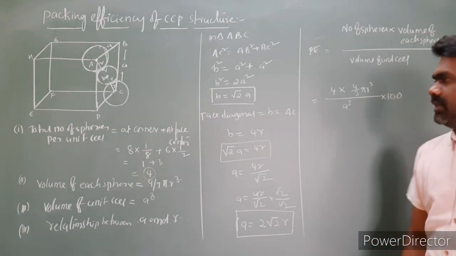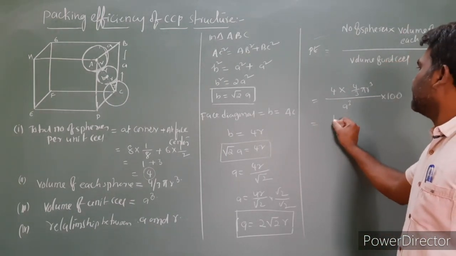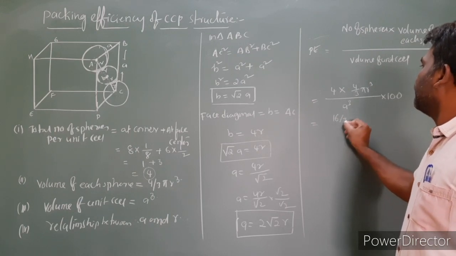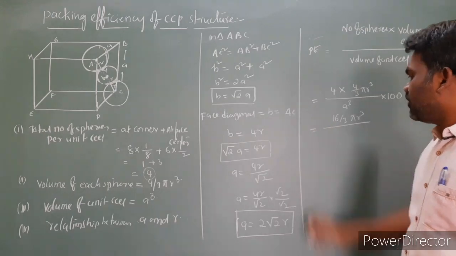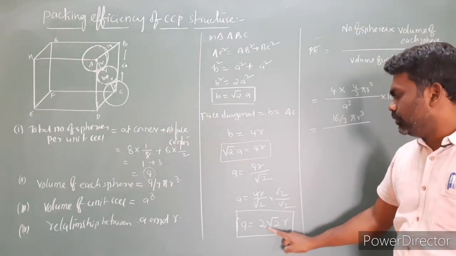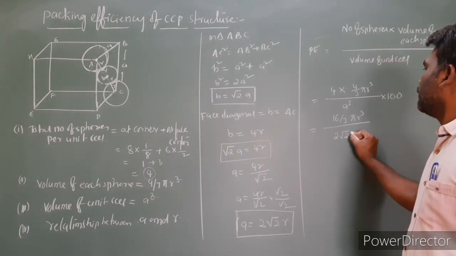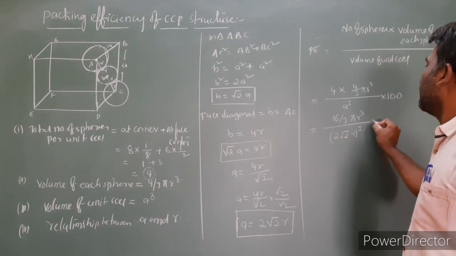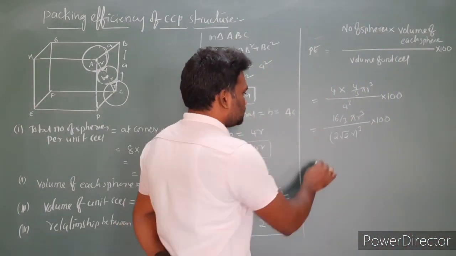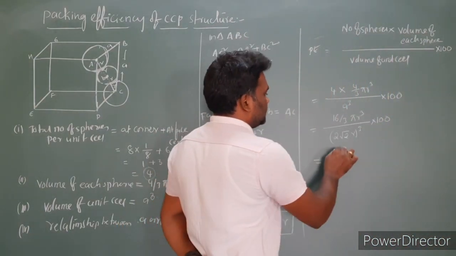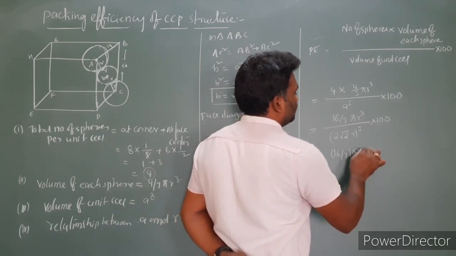Upon simplifying, 4 times 4/3 is 16 by 3 pi r cube by A cube. What A value did we get? 2 root 2 r. Substitute here: 2 root 2 r whole cube into 100. That is equal to 16 by 3 pi r cube.